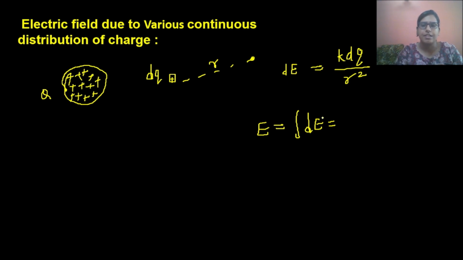So we can say the electric field for continuous charge distribution will be the sum of electric field due to small elements.